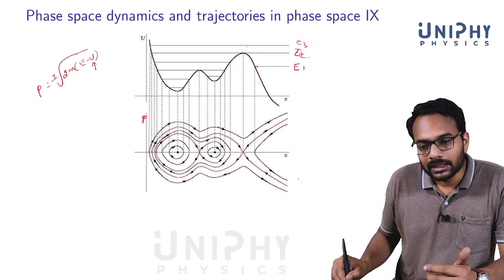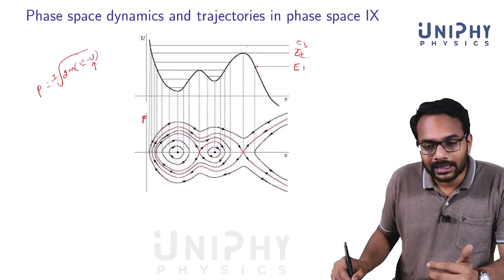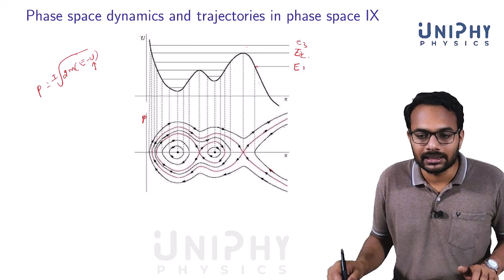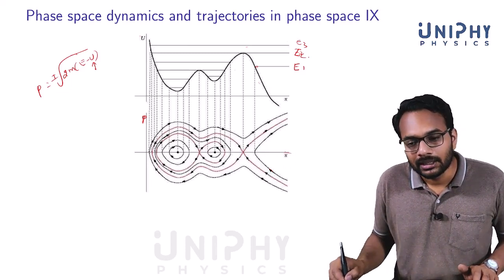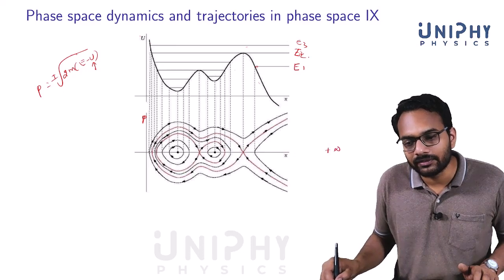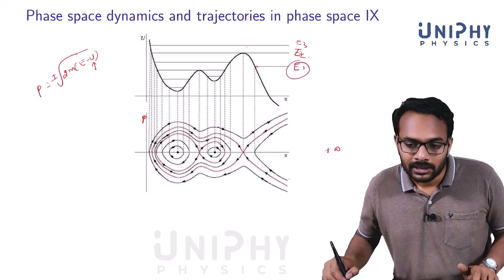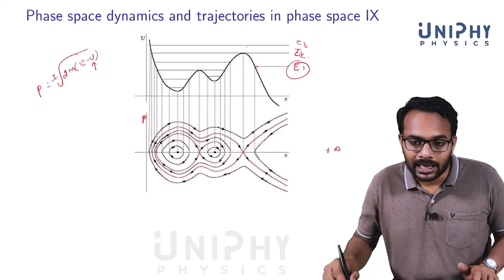So suppose a particle is coming from plus infinity with energy E1. It comes here and sees more and more of the potential energy, because the potential energy is increasing as you come from plus infinity. Correspondingly the momentum decreases, and at this point the momentum becomes 0.